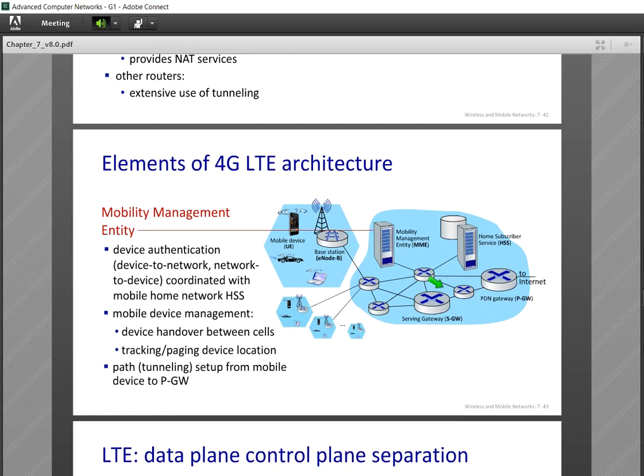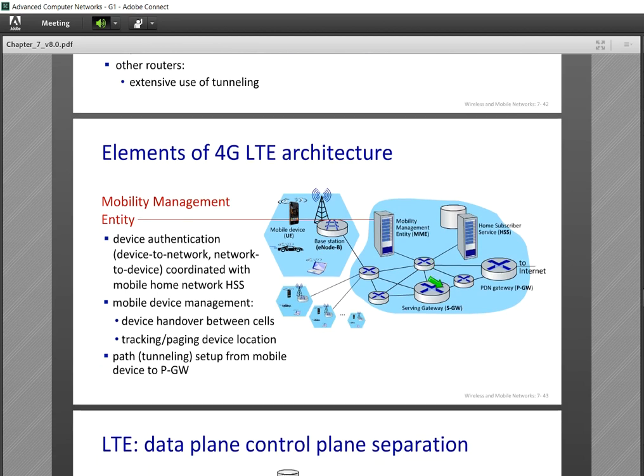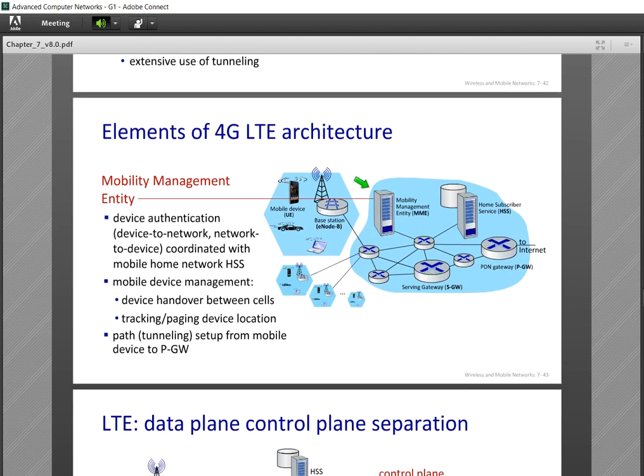Okay. And in the Mobility Management Entity, as I said, when I'm moving from one network to another network, if I'm still in the networks of a single company, for example, I'm using MCI.